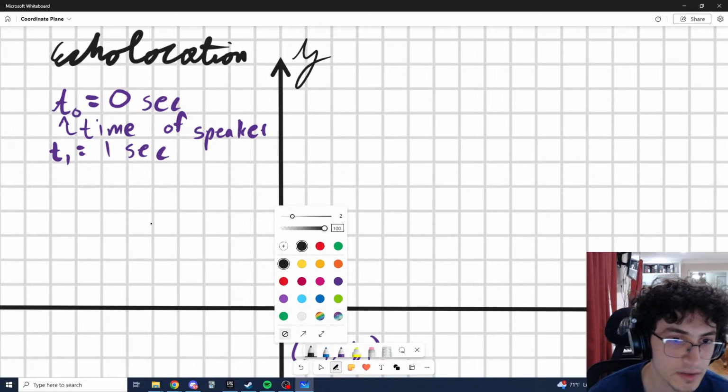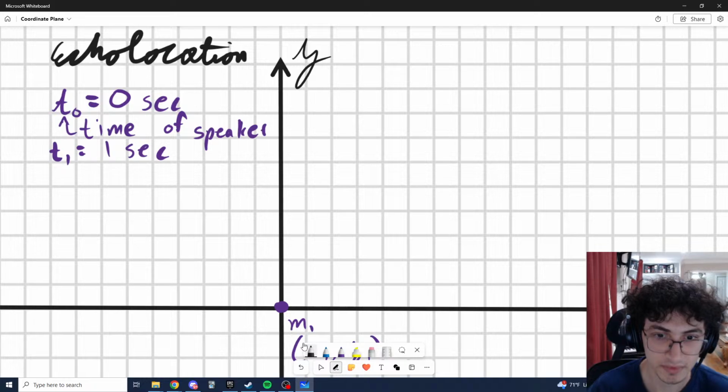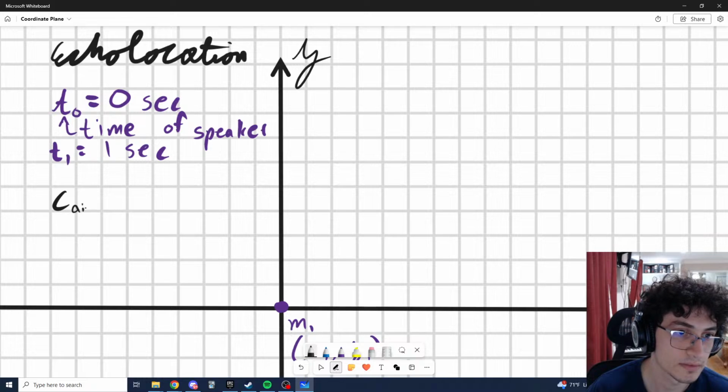All right, well, we know that the speed of sound in air is usually denoted with c. Why is this still purple? Why is this not black? Okay, this is blue. All right. C, the speed of sound in air, is 346 meters per second.